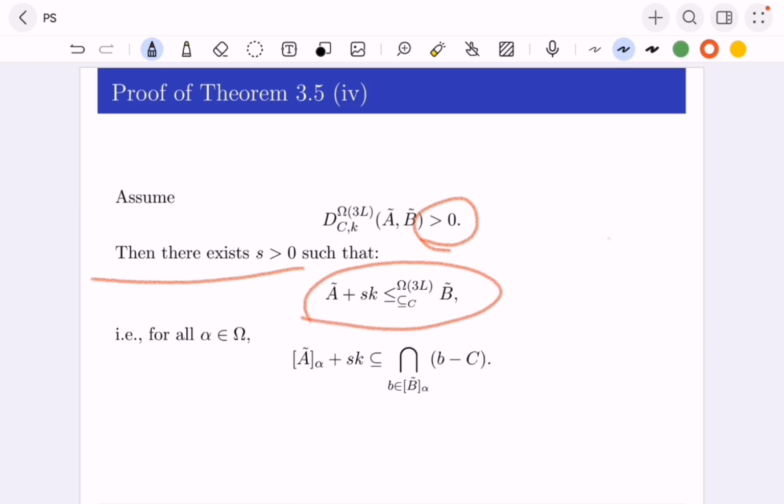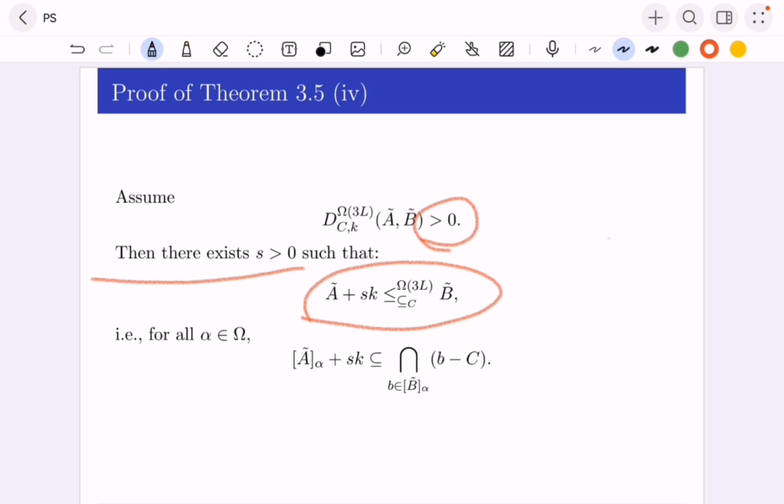So we are shifting the entire fuzzy set A upward, or in the direction K, by a small amount S, and now fuzzy set A becomes less than or equal to fuzzy set B in the cone order.